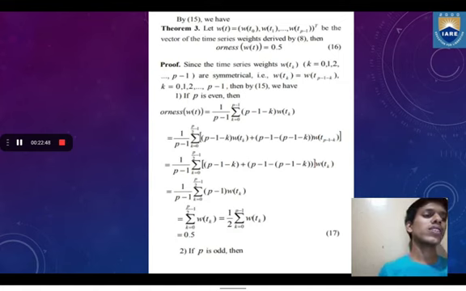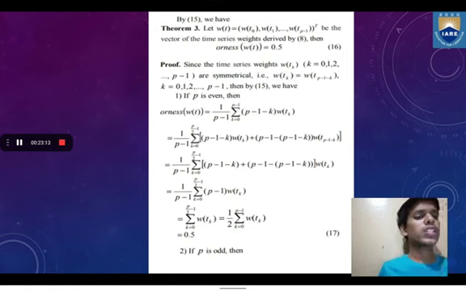Since the time series weights are symmetrical, as we discussed in theorem 1, we can write this. And we have also seen from theorem 2 that if p is even, then the orness of W(t) is equal to 1/(p−1) times the summation of k = 0 to p−1 of (p−1−k) W(tk).